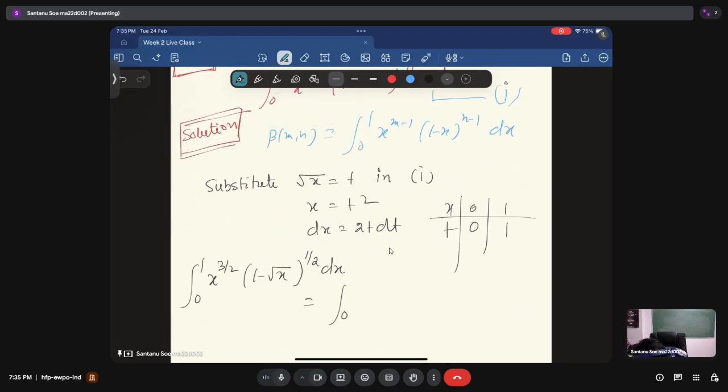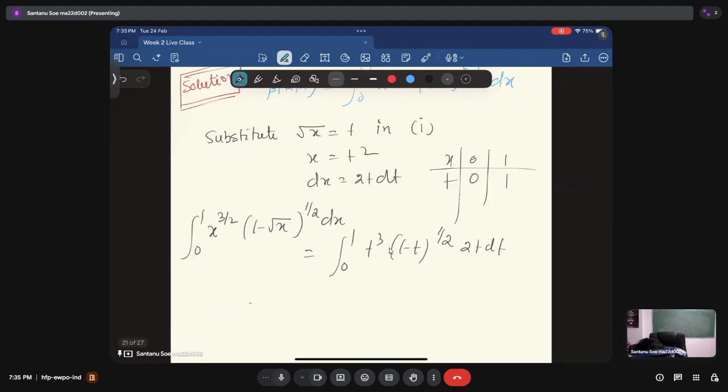This is changed into integral 0 to 1. So x is t square, and so this is going to be t cube (1 minus t) to the power 1 by 2. This will be 2t dt. Thus 2 times integral 0 to 1 t to the power 4 (1 minus t) to the power 1 by 2 dt.